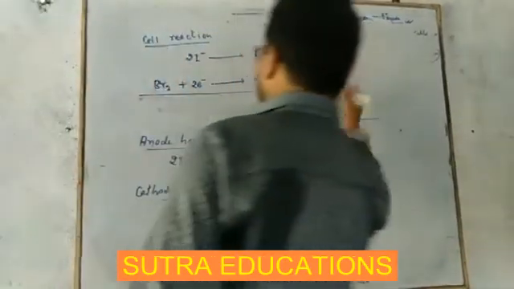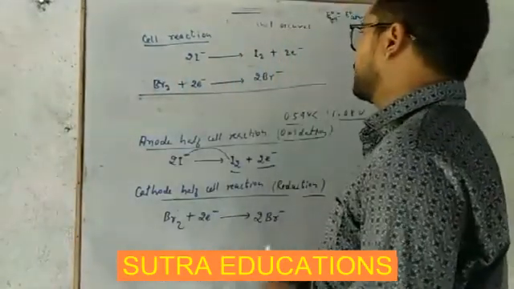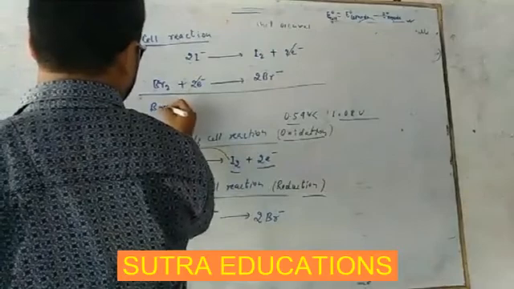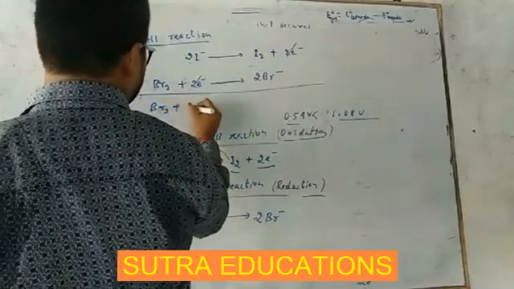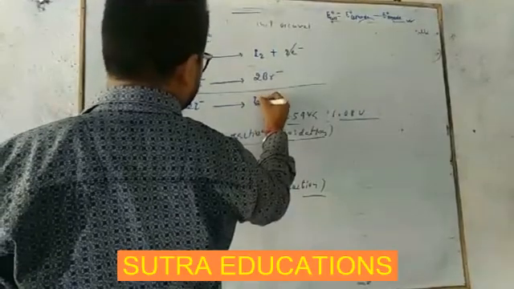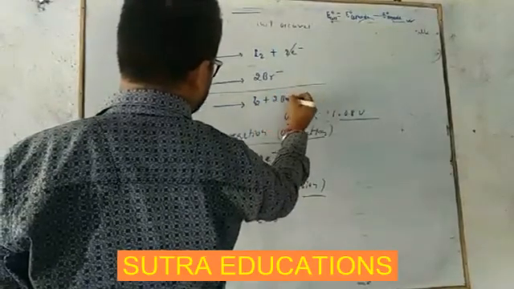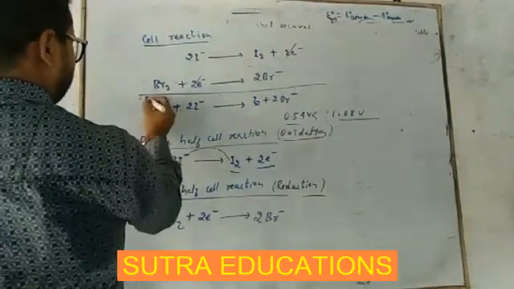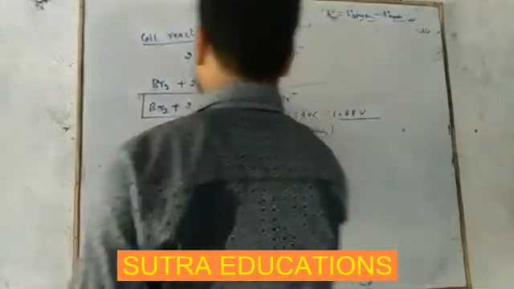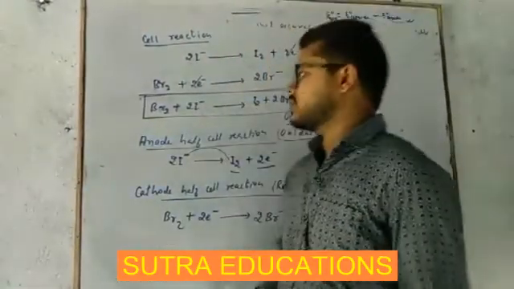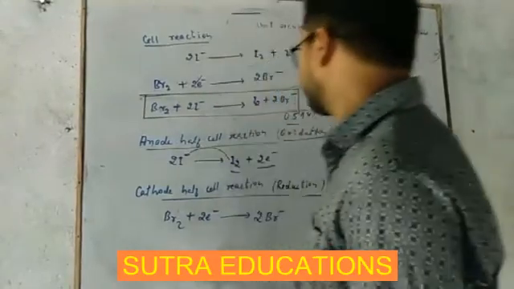Add these two. Okay, 2 electrons cancel, so it will become Br2 plus 2I minus to I2 plus 2Br minus. This is the cell reaction. Getting this, and this is our answer.